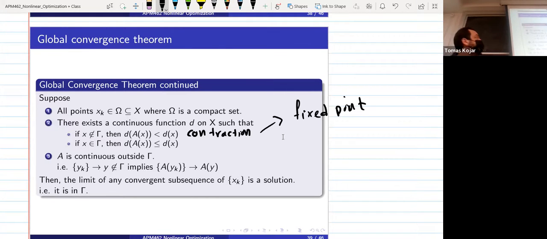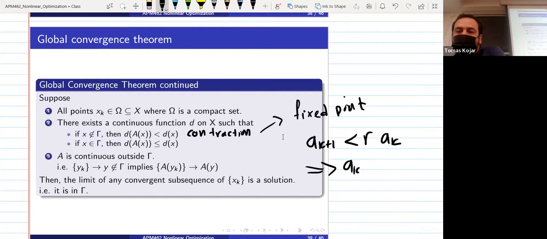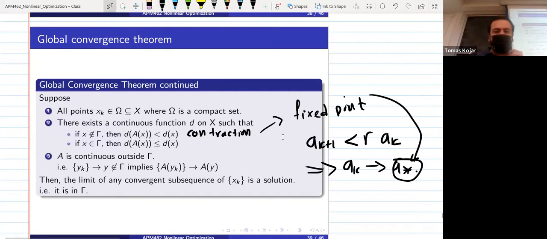Whenever you have decreasing, so you have some recursion, like a_{k+1} is less than some sharp guy a_k, then you have that a_k converges to some a star. This is called the fixed point.